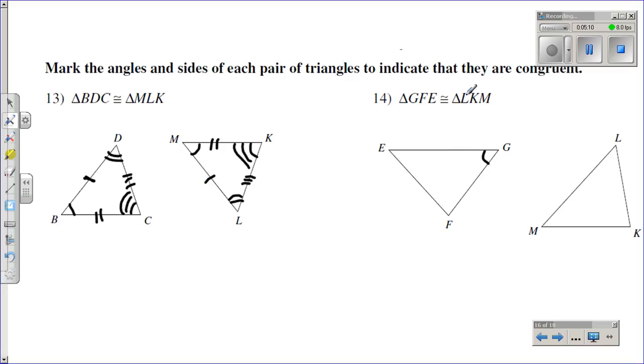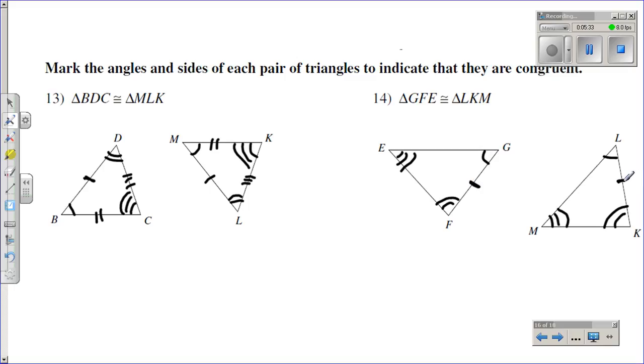G gets 1, L gets 1. Okay? F gets 2, therefore K gets 2. And E gets 3, which means M gets 3. Alright, and then we'll mark between 1 and 2 with 1.